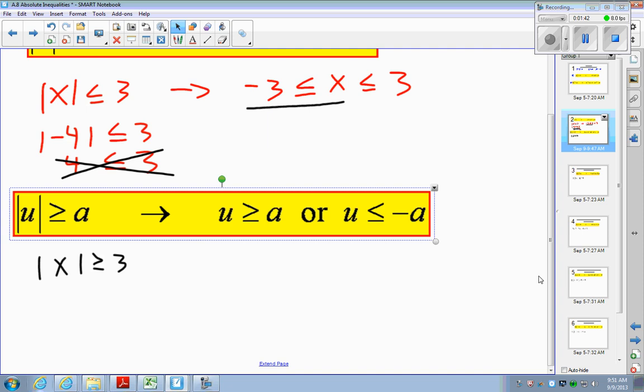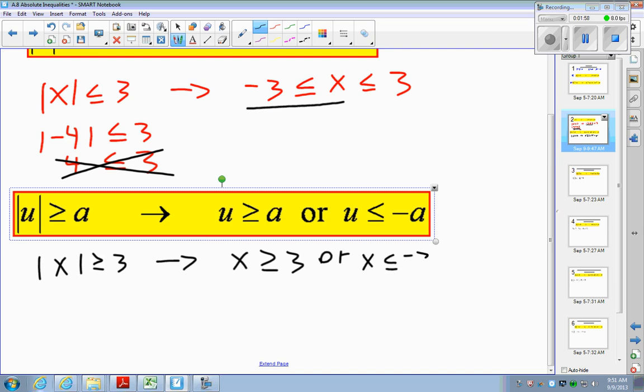And let's try when the absolute value of x is greater than or equal to 3. And so our rule here will be x is greater than or equal to 3, or x is less than or equal to negative 3. And so why does this hold true? Well, let's plug in negative 2 this time for x.